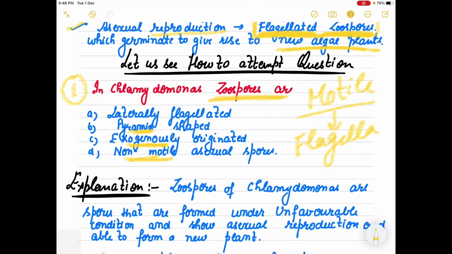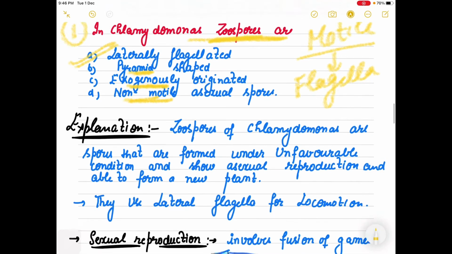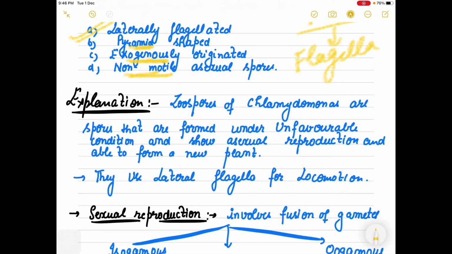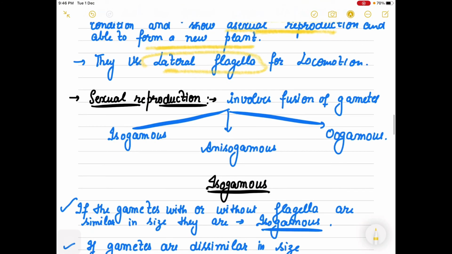All these options are not fitting our question. So zoospores will be flagellated, and only option A is the correct one. If you have to explain this question: zoospores of Chlamydomonas are the spores formed under unfavorable conditions. That is why they show asexual reproduction and are able to form a new plant. So lateral flagella for locomotion is the correct option here.